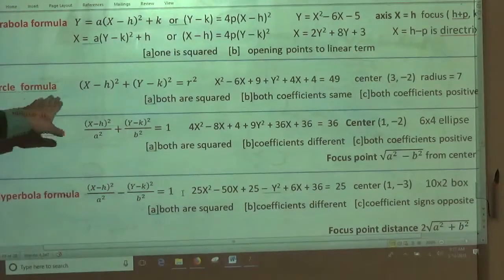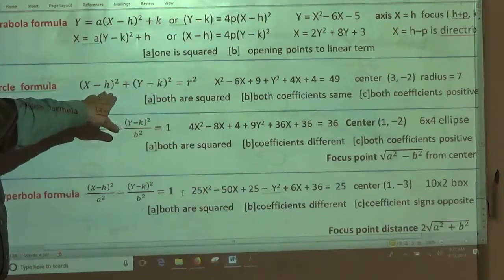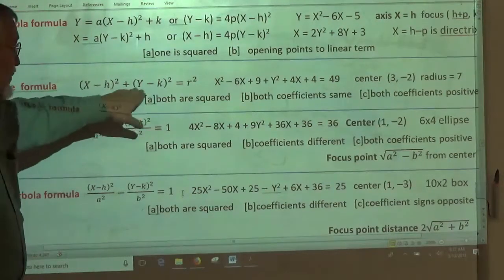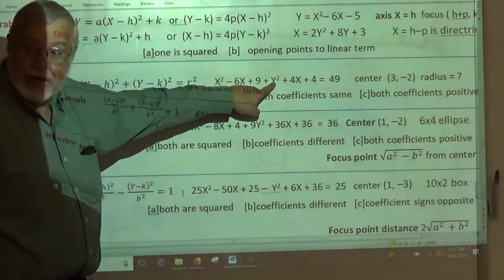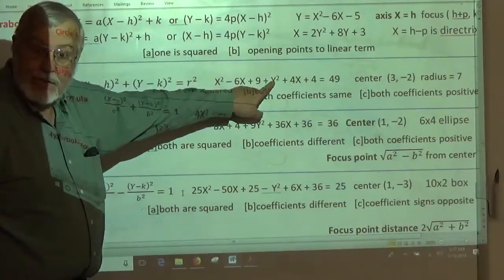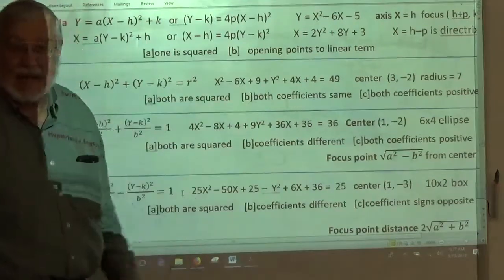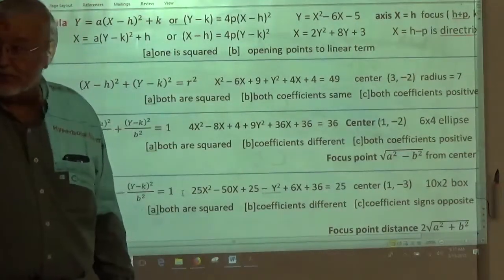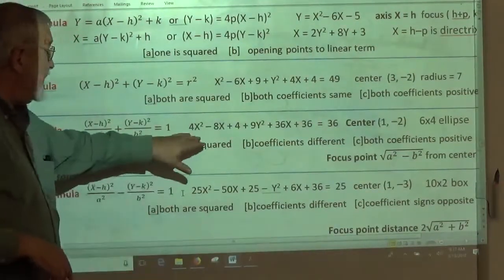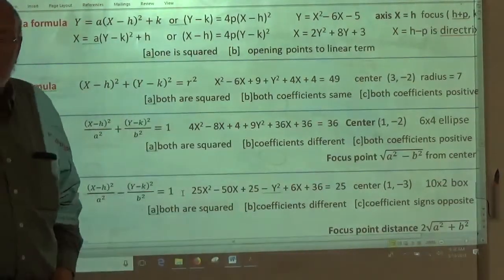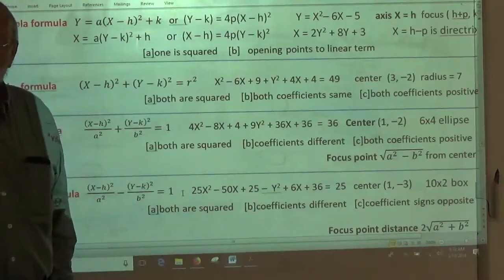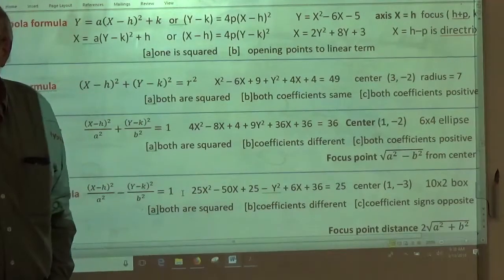All right, now a circle doesn't have 1 square, it has 2 squares. So if you'll notice, here's x squared and y squared. All right, because they are both the same, it's going to produce a circle. If they are different, like 4 and 9, then they're going to produce an ellipse that's going to be an elongated circle.